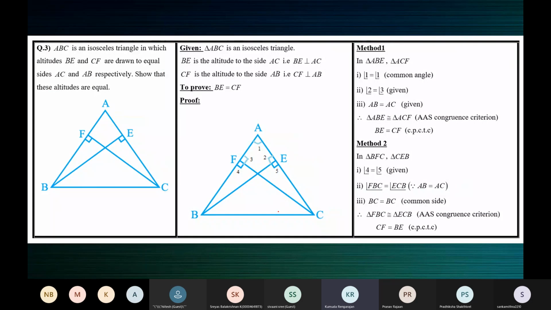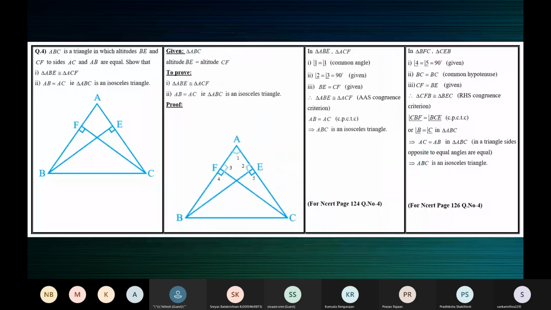You can see the question also. Take a screenshot of this one, go through the proof. This one. Take a picture of this.